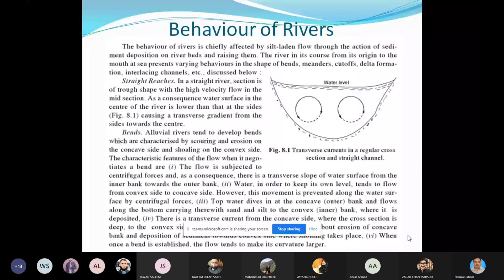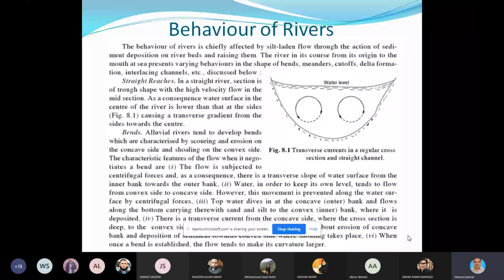The behavior of a river is mainly affected by the silt laden flow, because the water of the river itself is carrying a lot of silt with it. So due to the silt laden water, all this behavior of the river is exhibited in different forms.